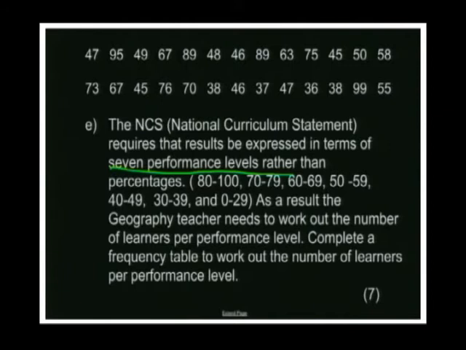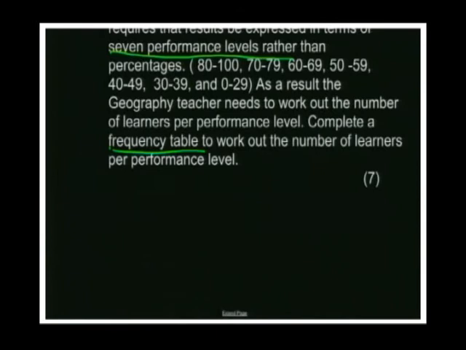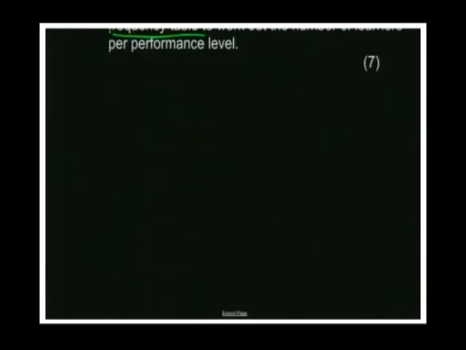As a result, the geography teacher needs to work out the number of learners per performance level. So we need to complete a frequency table to work out the number of learners per performance level. So let's set up our frequency table. On my frequency table, I've got my category, which in this case is my performance level.